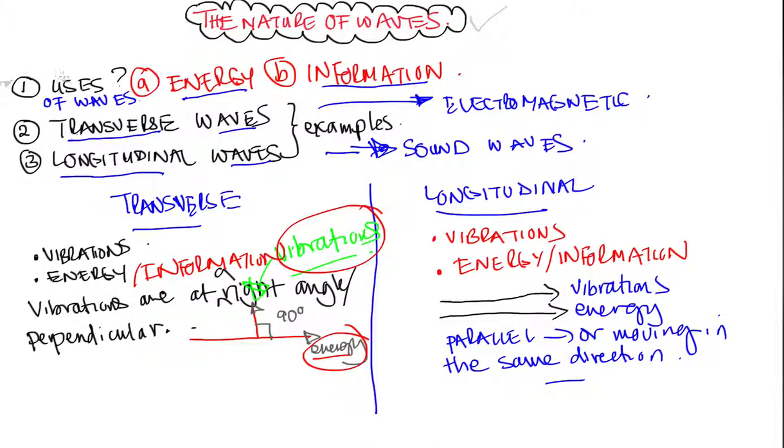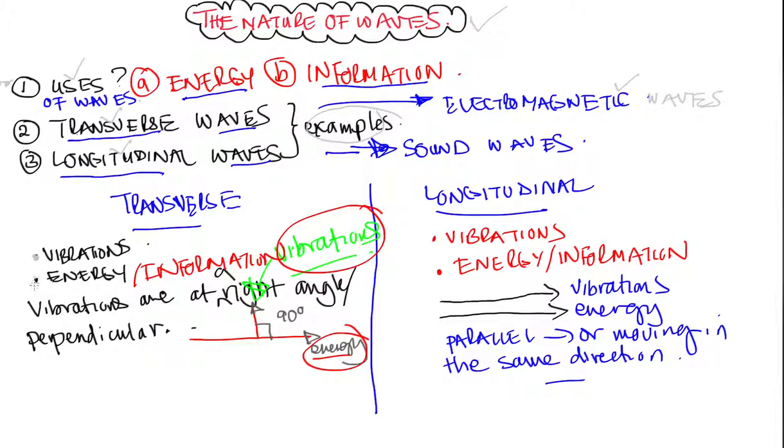The first thing is, what are the uses of waves? The second thing is, what are transverse waves and what are longitudinal waves? And examples of these will be the electromagnetic waves. Let's put waves here, and the sound waves.